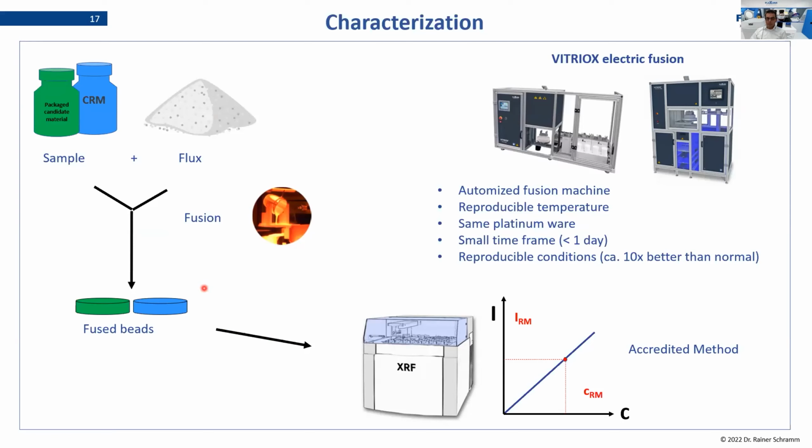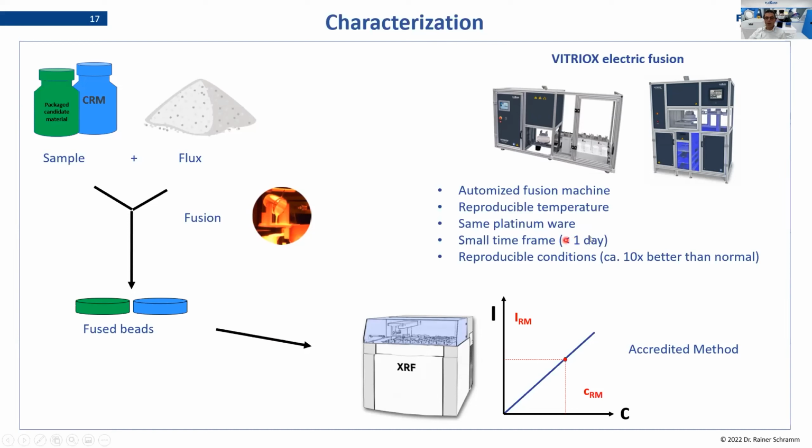And to guarantee that this is possible, we use our own fusion system from the Vitriox Electric series. These machines are specially constructed in a way that they have a certain automation. The temperature is absolutely stable. Then we try, of course, to always use exactly the same platinum ware, so that we do not introduce an additional error.